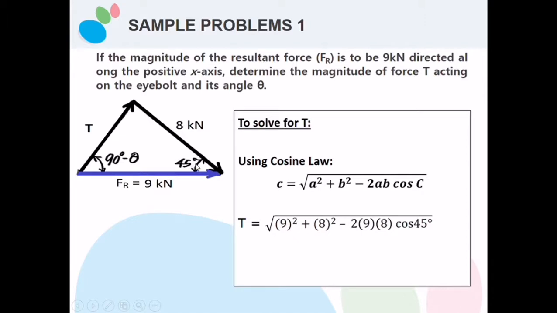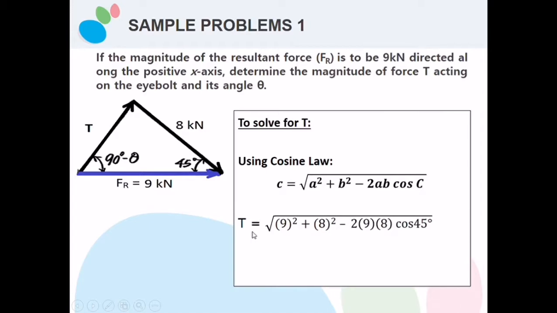So again, let us recall the opposite angle of force t is 45 degrees, while the opposite angle of 8 kilonewton is 90 minus theta. Let's go back to our solution.